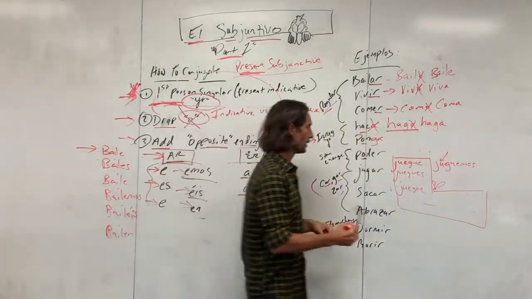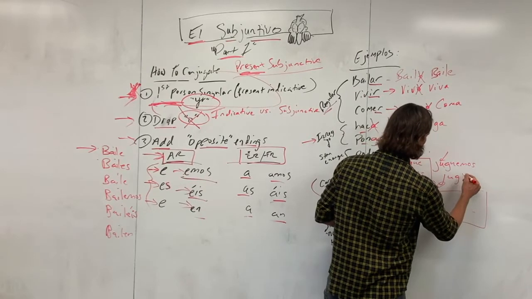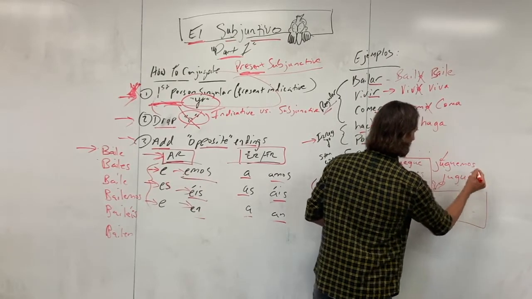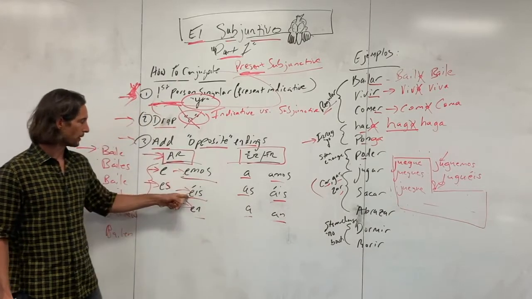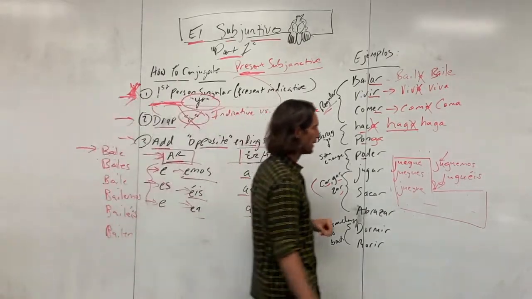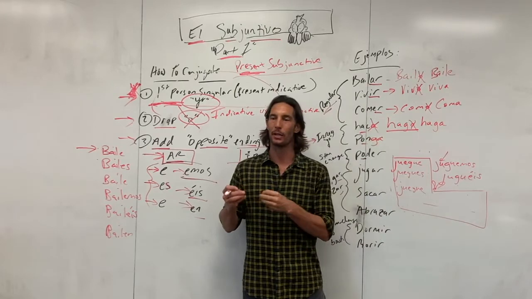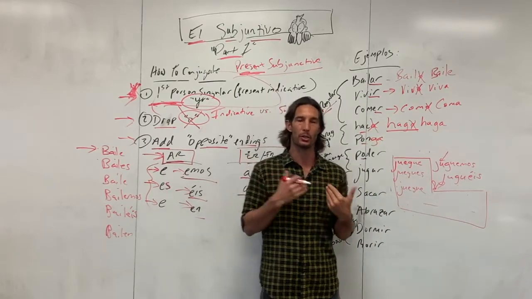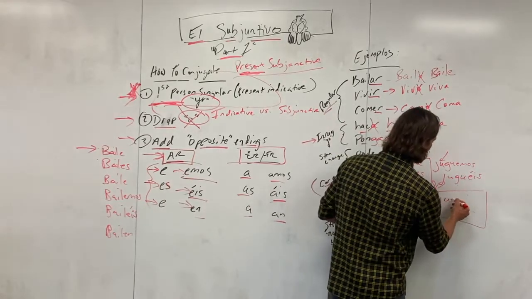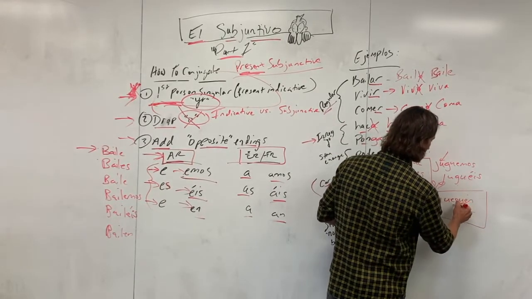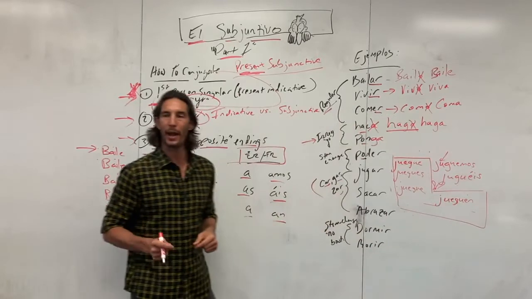And then we have juguéis, so that's coming from here, and it's not juegüéis. You don't do the stem change, it's outside the boot. And then we do jueguen. So we go back in the boot and we get jueguen.